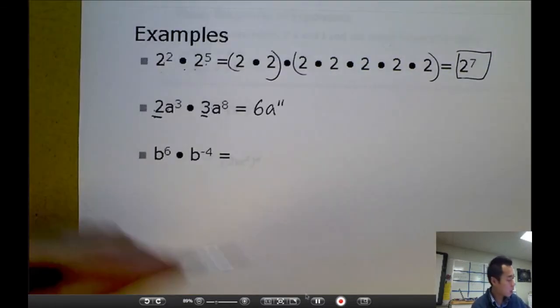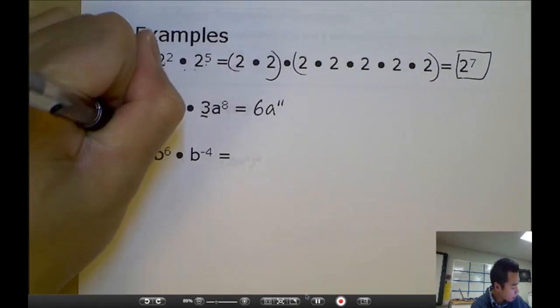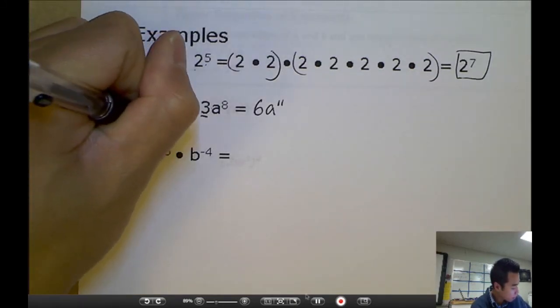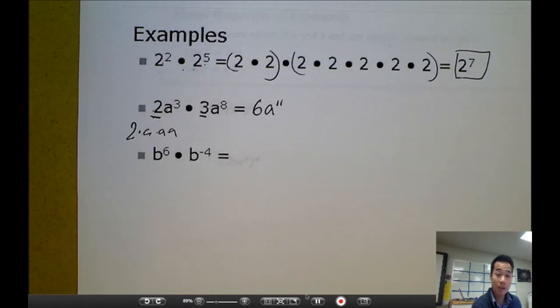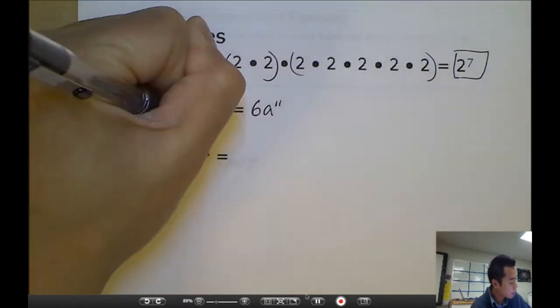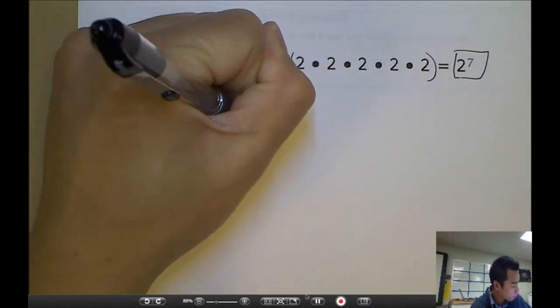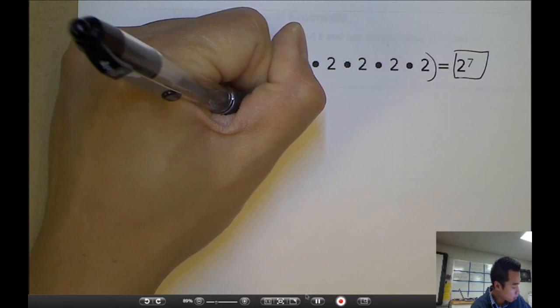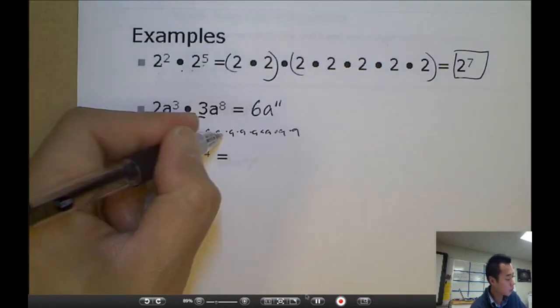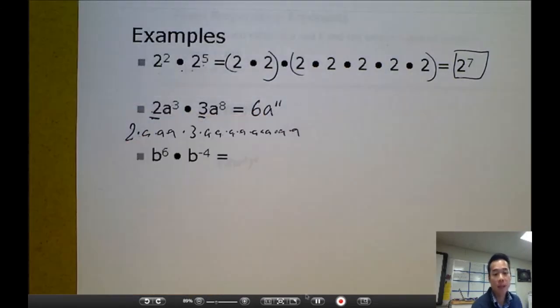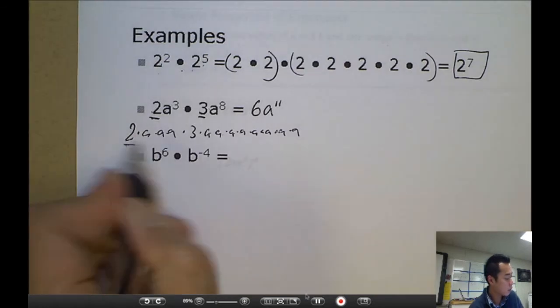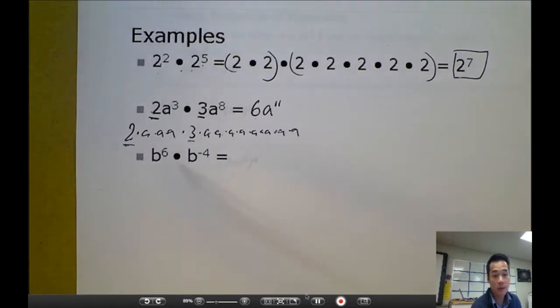Notice how in this example, I can only expand the exponents. I'm not expanding 2 times 2 times 2. That doesn't work. Times 3 times a, 8 times. Okay, 1, 2, 3, 4, 5, 6, 7, 8. And what I have left is 6 and then a to the 11th.